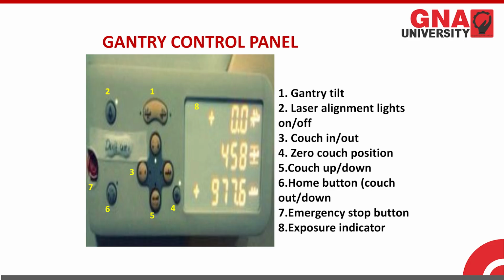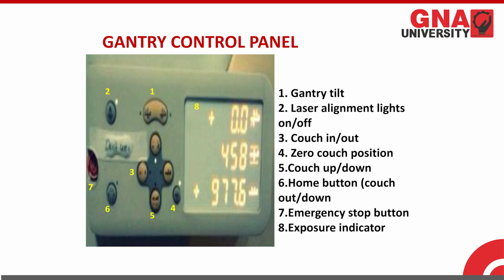Number 6, this is known as home button, couch out down. Once we have completed the procedure, now we have to bring the patient back from the CT machine. For this particular function, this button is used. Number 7, this is an emergency stop button.